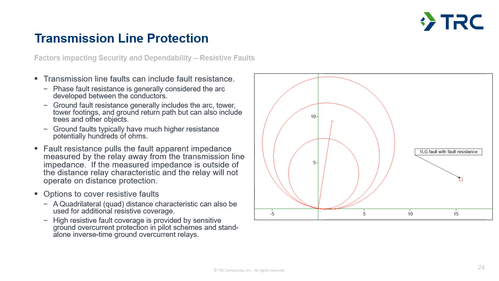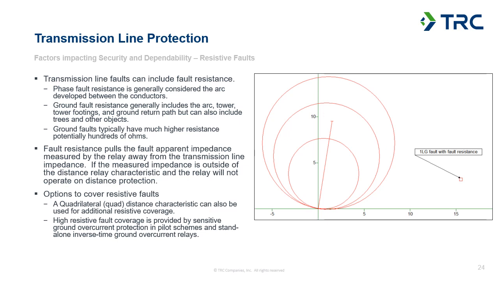Well, if you start adding resistance to your fault, and that could be the resistance of the ground itself, or the resistance of whatever made contact with the line, that may no longer be the case.